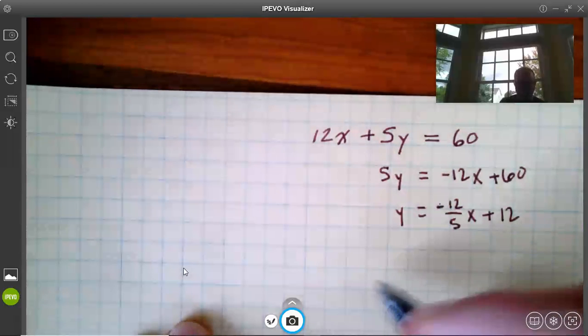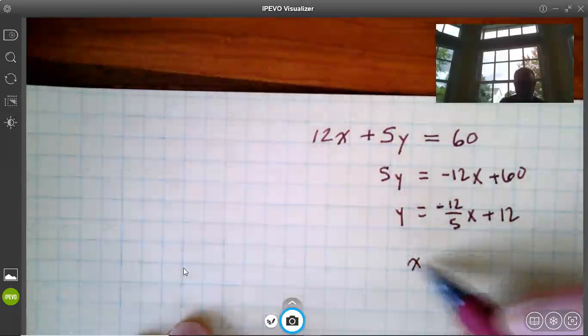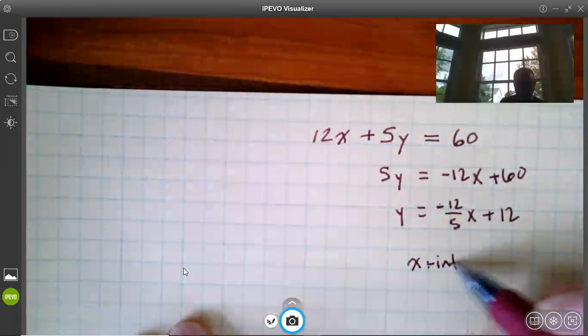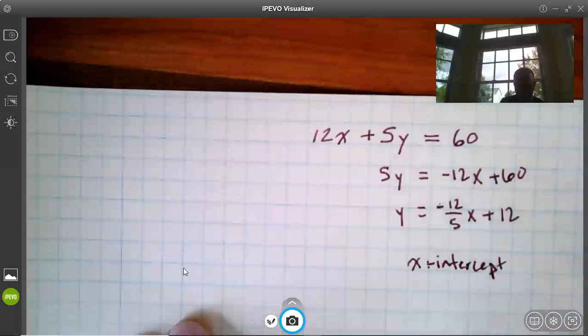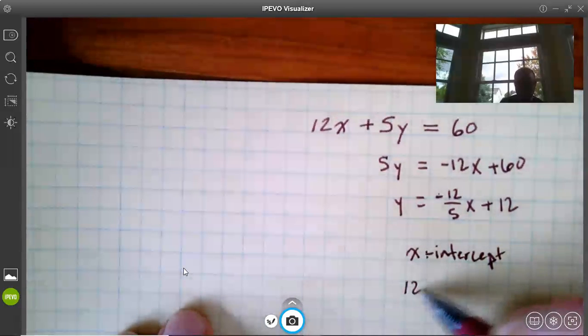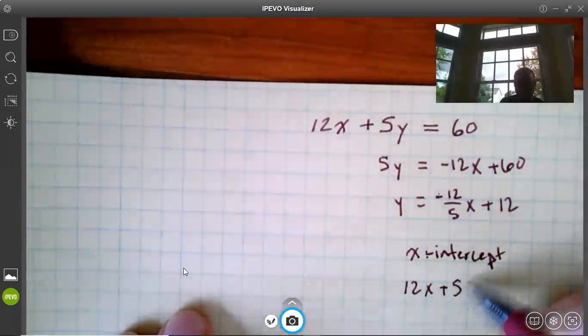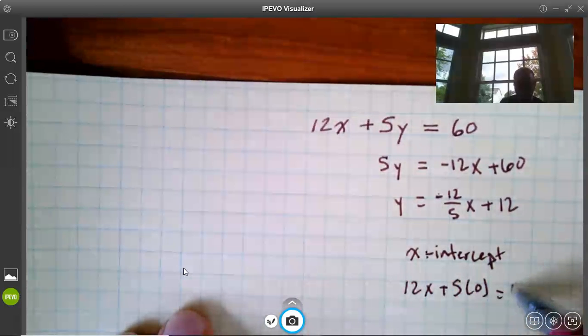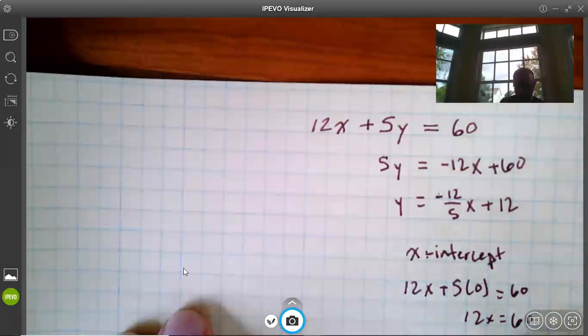So to find the x-intercept, we just go 12x plus 5y and replace y with 0. And that gives us 12x equals 60 and x equals 5.